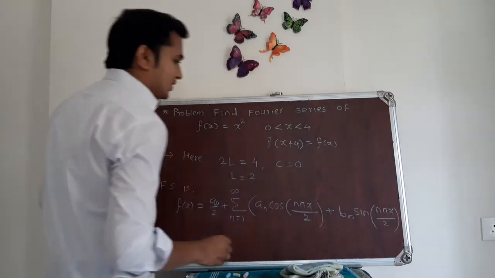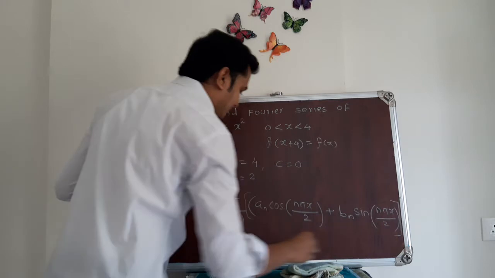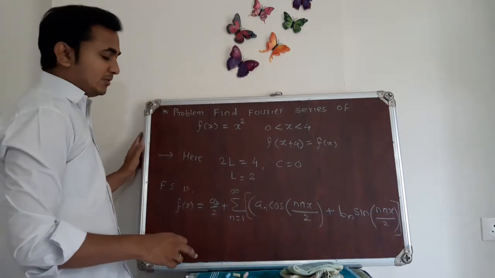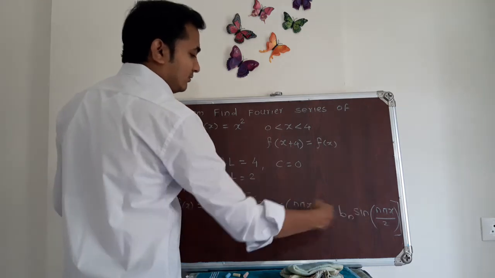This summation extends over the complete term. What do I mean by that? If I am putting n equal to 1, I should put it everywhere, for these two terms.